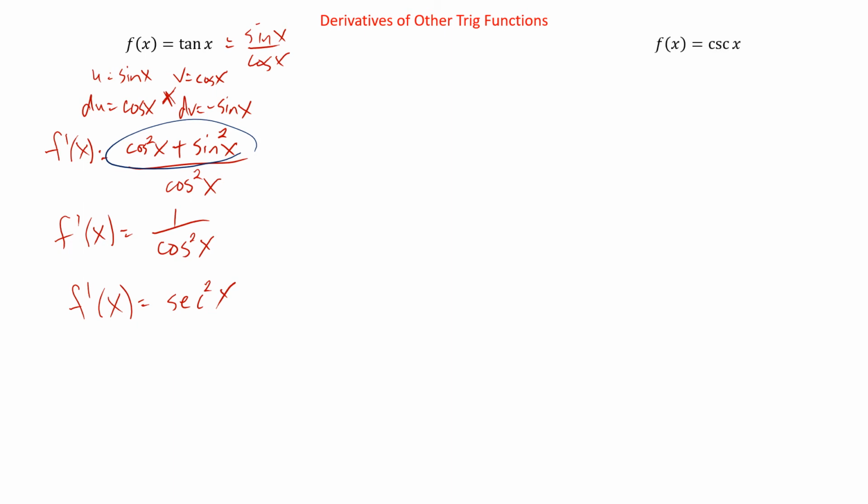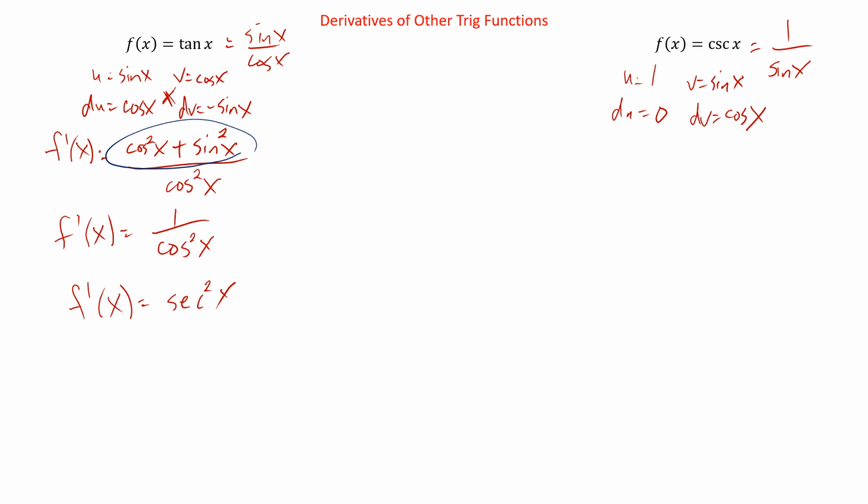How about the derivative of cosecant? So cosecant is 1 over sine of x, which means that in our quotient rule, u will be 1 and v will be sine of x. Means du, the derivative of 1, is just 0. dv will be cosine x.